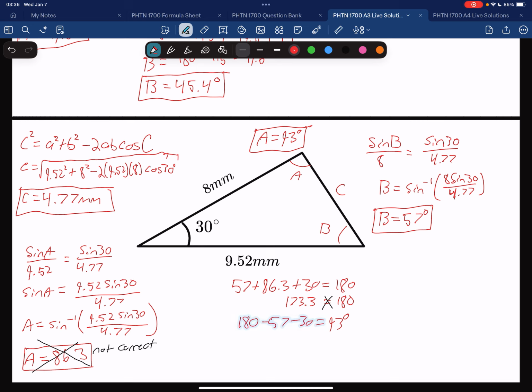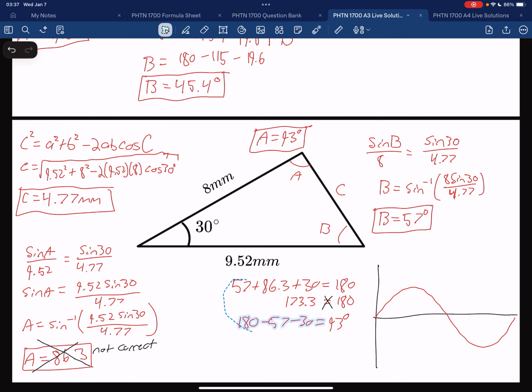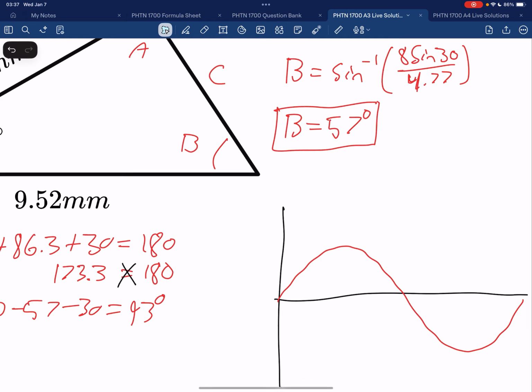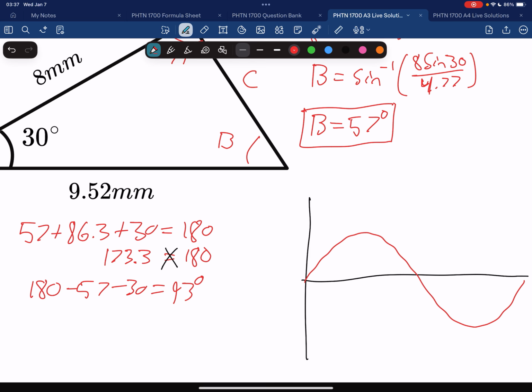The reason why is because these are periodic functions. The sine function is a periodic function, which means it's a wave. It goes on like this, a repeating pattern. And let me just zoom in a little bit on this. What that means is basically that if you are trying to find where this function is equal to a specific value, it is actually going to be equal to this specific value an infinite number of times.